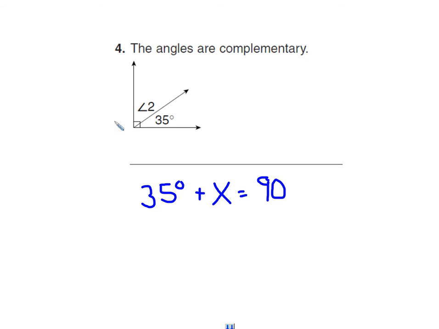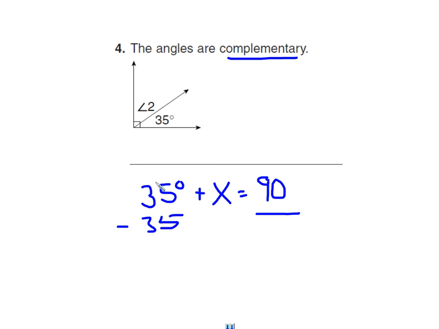Number 4 on your homework, these angles are complementary, so they add up to 90. 35 degrees plus this angle here is going to give me 90. So 35 plus something is 90. I can kind of just use my head and say 55, but if I want, I can subtract 35 from each side.